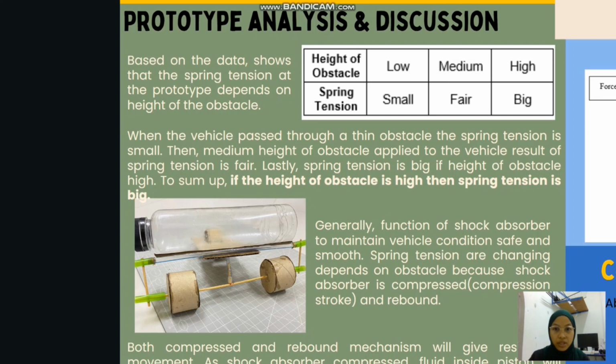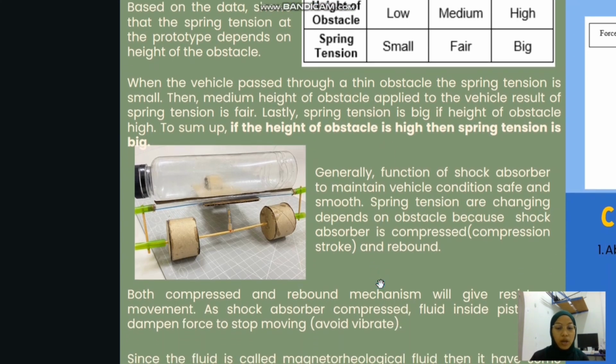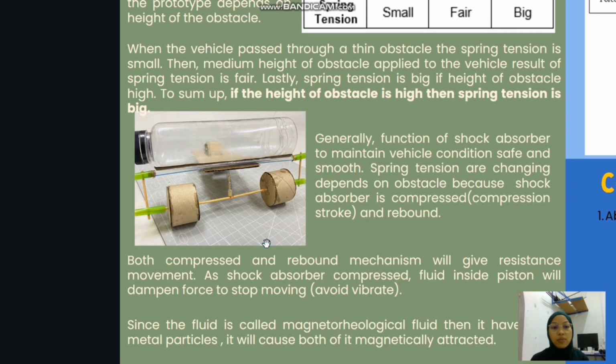Generally, the function of a shock absorber is to maintain the vehicle's condition safe and smooth. The spring tension changes depending on the obstacle because the shock absorber is compressed, and it will also rebound. The discussion of both compress and rebound mechanisms gives resistance to movement as the shock absorber compresses.